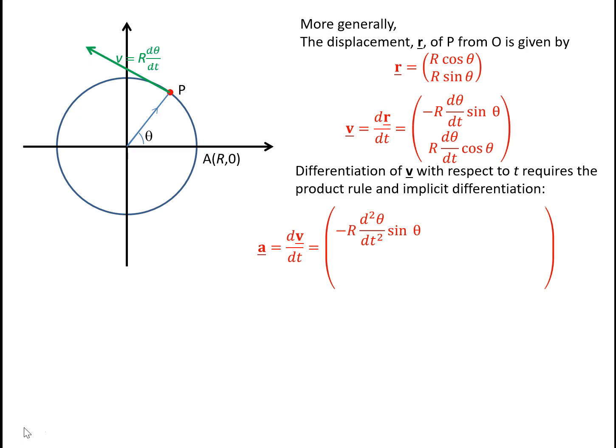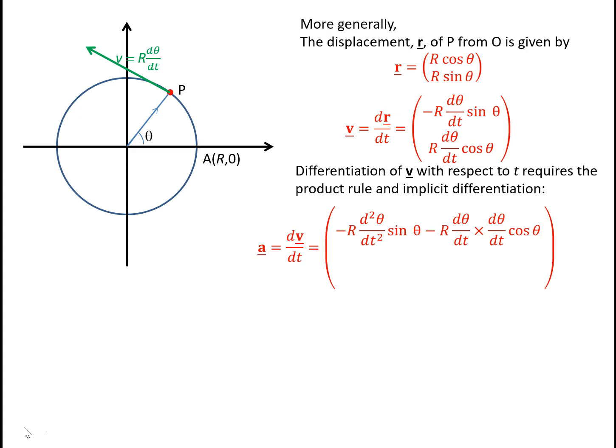And the derivative of sin θ with respect to t we need to do implicitly, and we obtain cos θ dθ/dt. So the second part of our product rule is going to read as minus r dθ/dt times cos θ dθ/dt. So we end up with minus r times (dθ/dt)² cos θ.